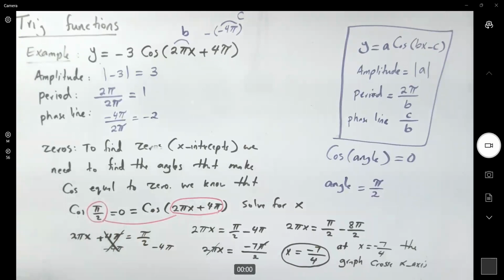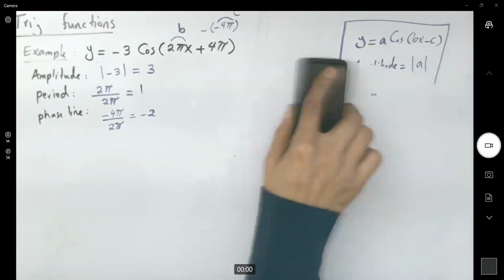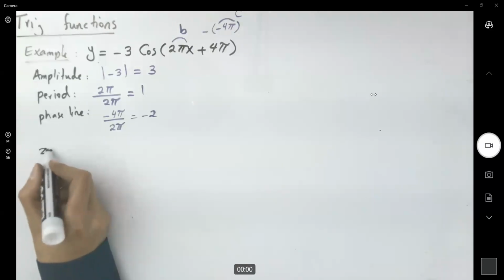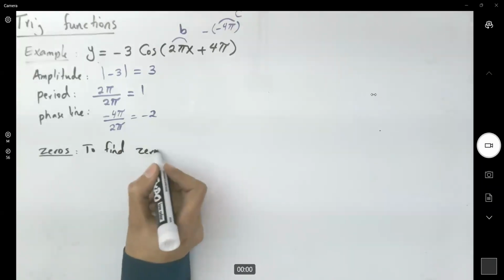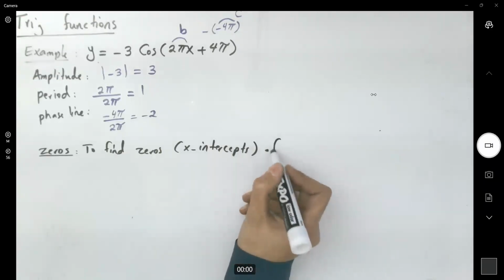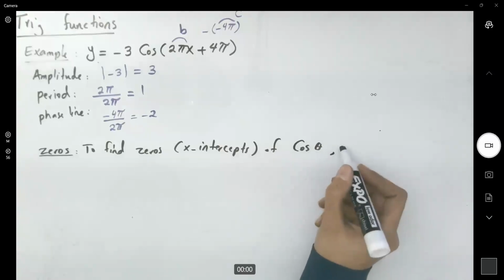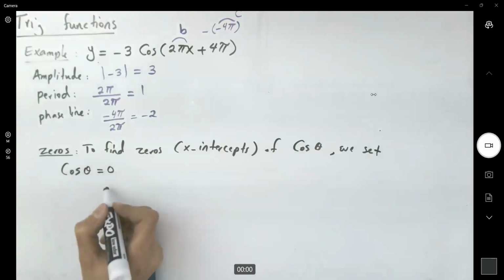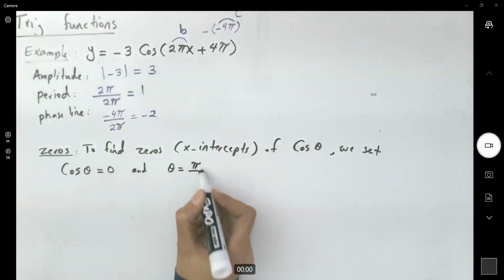So far, again, just remember that to find zeros, let's rewrite this one more time. To find zeros or x-intercepts of cosine of an angle, we set cosine of theta equal to 0, and that angle theta must be starting, for example, at pi over 2.